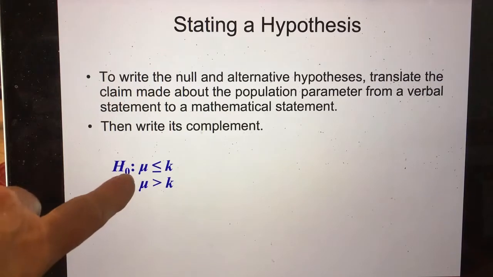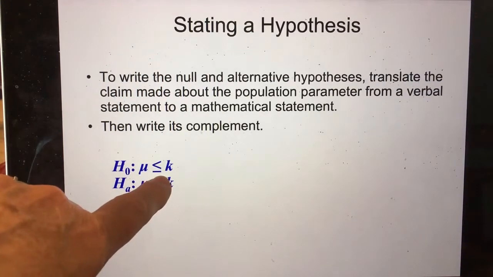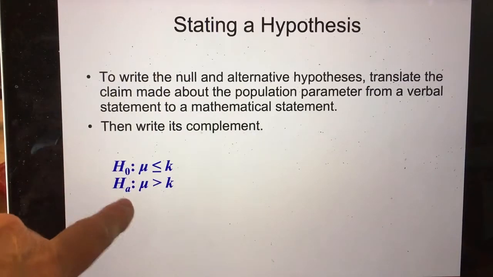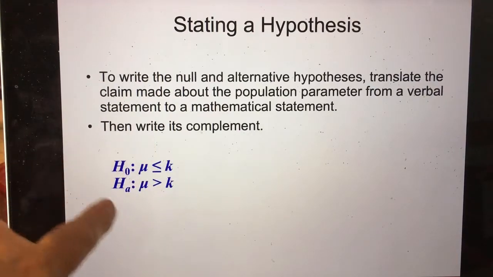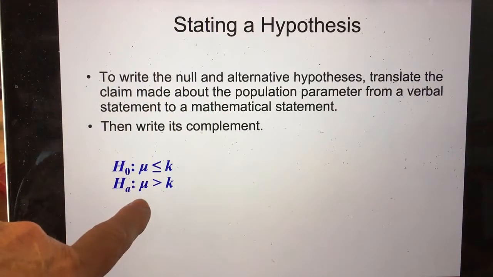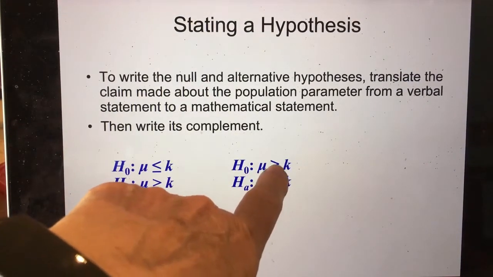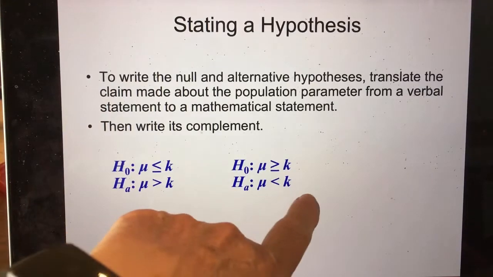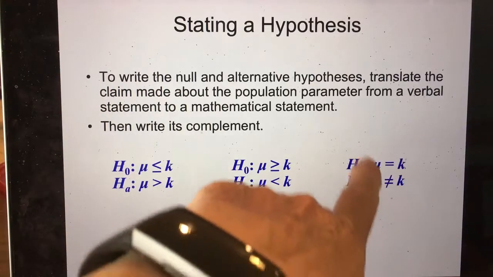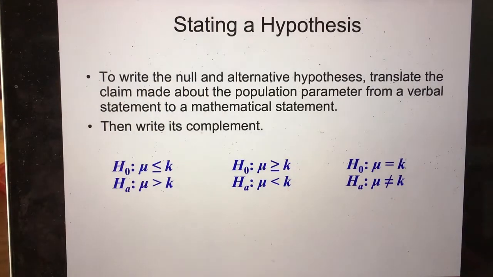So if the H sub O is the mean is less than or equal to K, then the H sub A, the alternative hypothesis, must be the mean is greater than K, because together they take care of every eventuality. If the H sub O is the mean is greater than or equal to K, then the H sub A is the mean is less than K. And the last one is equal to and not equal to.